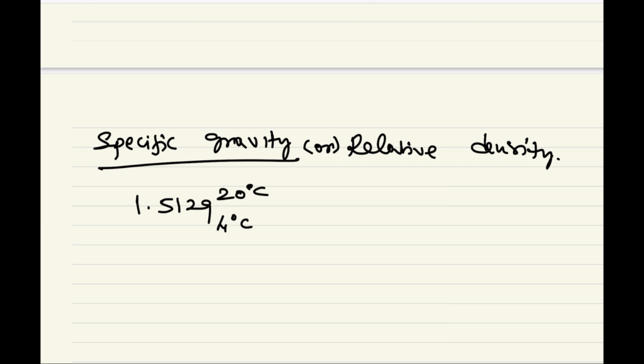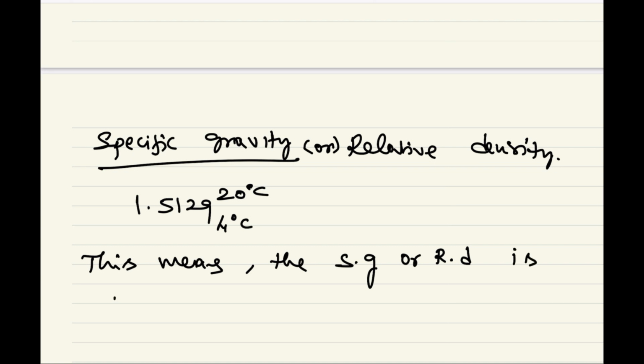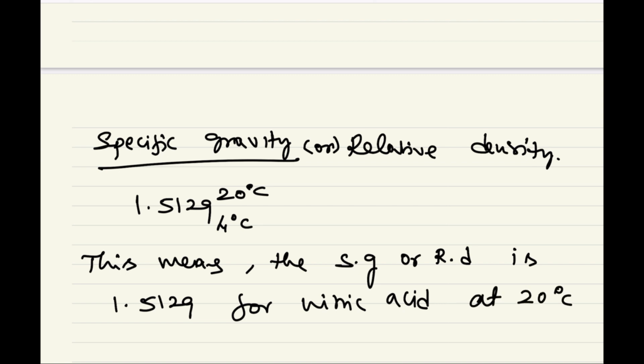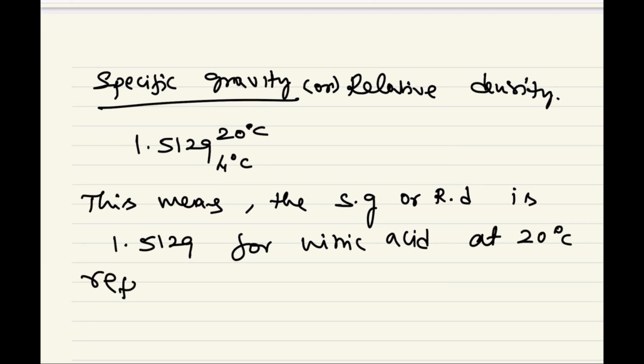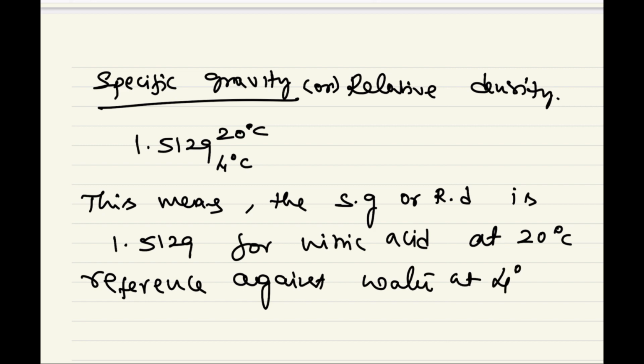This means the specific gravity or relative density is 1.5129 for nitric acid at 20 degrees centigrade, referenced against water at 4 degrees centigrade.